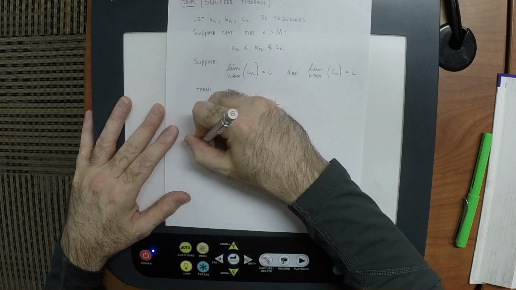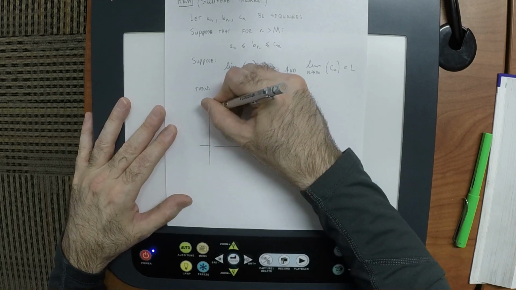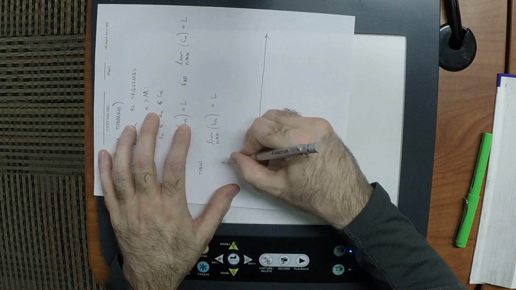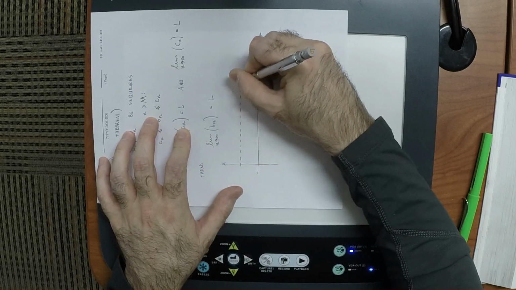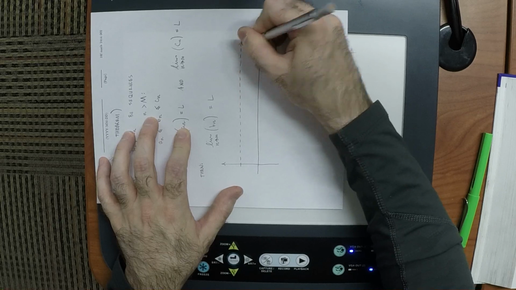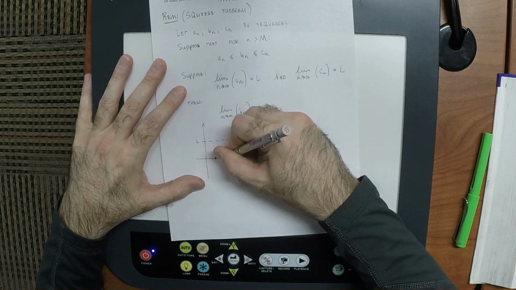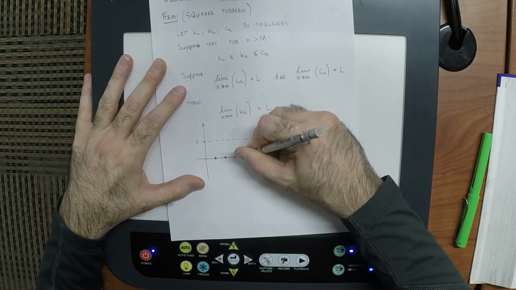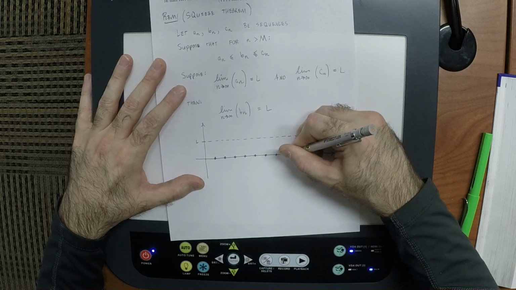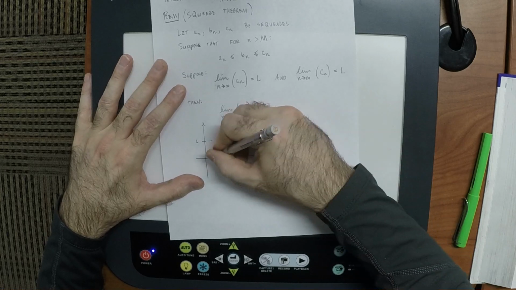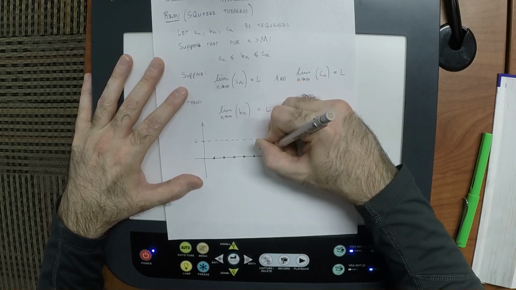So as a picture, here's L. Here's the inputs. And there's an M somewhere, right here.